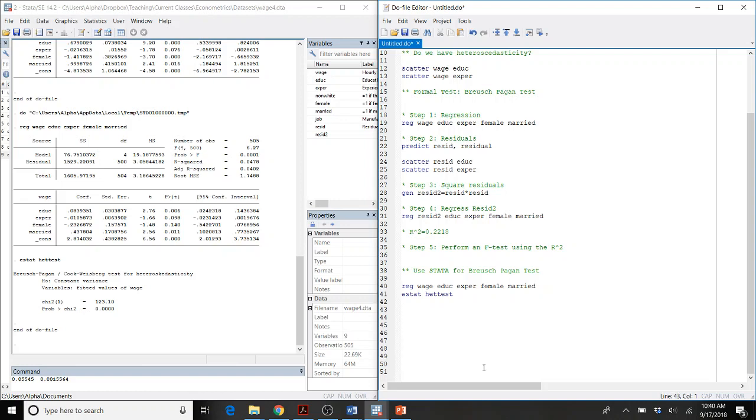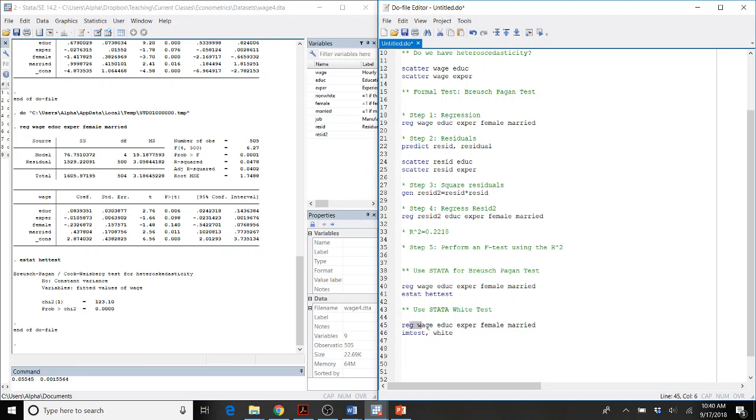All right, and let's use another test. Let's use the Stata White test. Same procedure basically. Wage, education, experience, female, married. All right, and then we're going to do what's called the White test. imtest, white. I think that's the command. I think there might be a comma here.